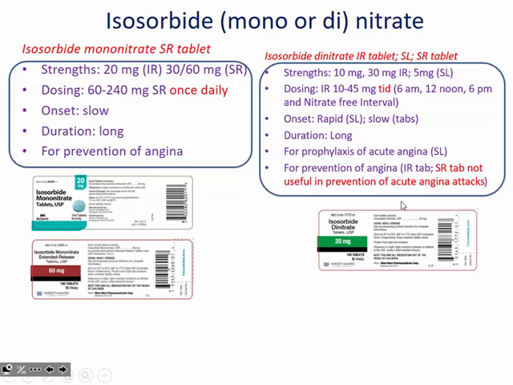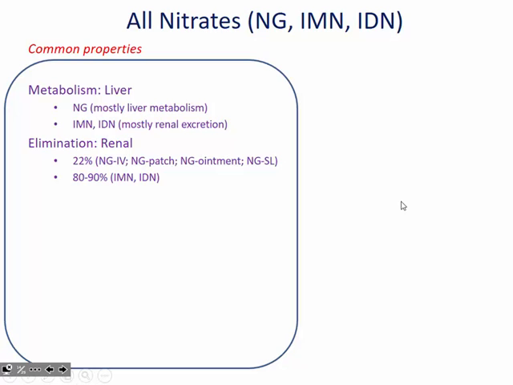They can help in preventing day-long angina. If you want longer duration, it's great, but if you want a rapid onset, sustained release tablets are not that great. So you have to choose accordingly. Questions on isosorbides? Remember, the greatest asset is the longer duration, and if you use it in a sublingual form, you can also get rapid onset.